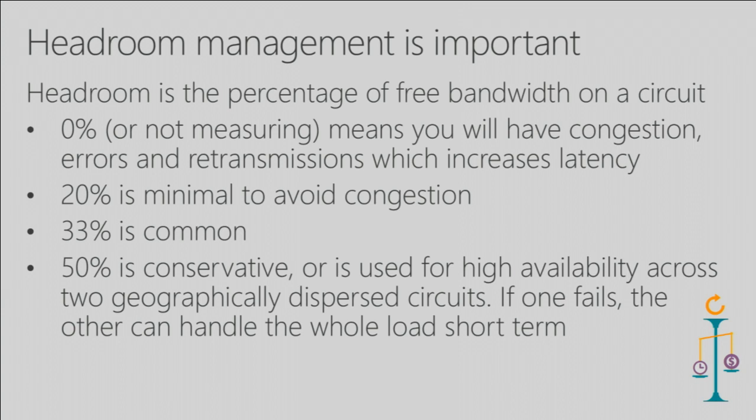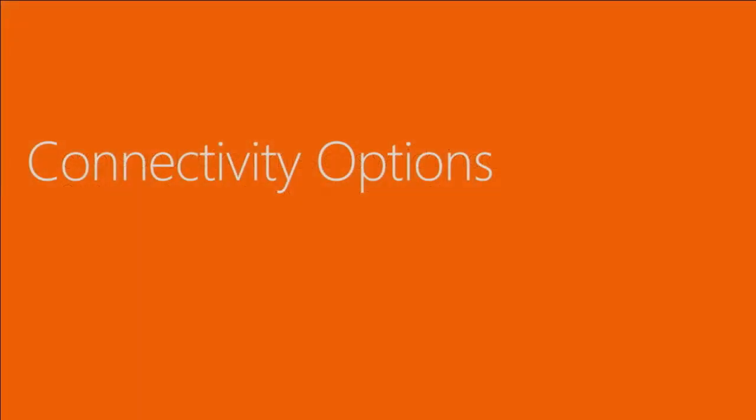So that gives you the benefit for high availability. It also gives you a benefit for performance because you're unlikely to see collisions on a network circuit that's only 50% used. All right. That's enough about bandwidth management, and that's enough for me.